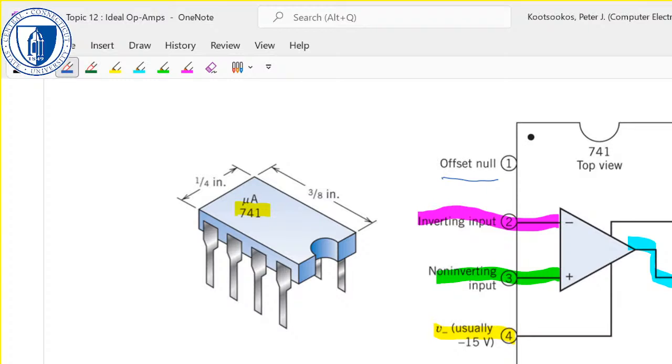Right, the slope of that curve is the gain. The problem is in a real device, sometimes it doesn't go through zero, just out of the box. So that's what these offset nulls allow you to do. They allow you to tweak it so that it goes through zero. At least that's one way of thinking about it. But I'm only going to talk about the ideal operational amplifier.